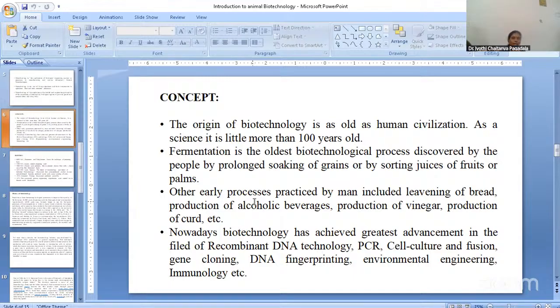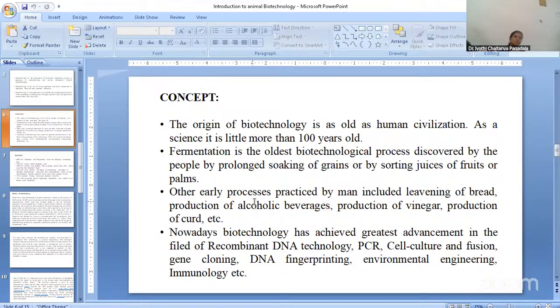The applications of biological processes of microorganisms have been used for more than 6,000 years to make useful food products. Those were bread, cheese, and preserved dairy products.